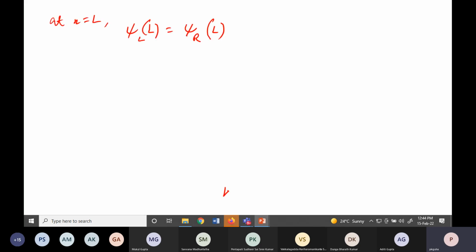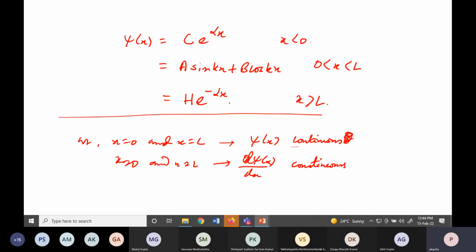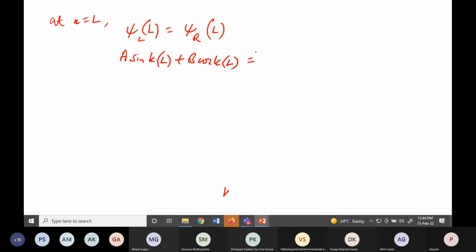The left part gives the solution that contains sine and cos, so A sin kL plus B cos kL. What is the right part? The right part is H e to the power minus alpha x, so H e to the power minus alpha L, because x equal to L we are talking about.